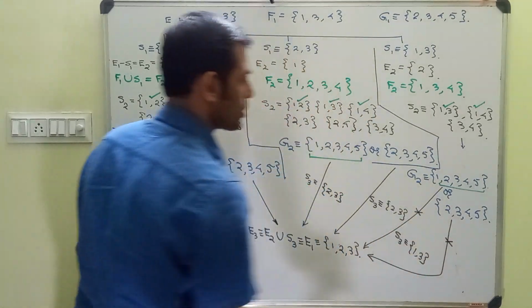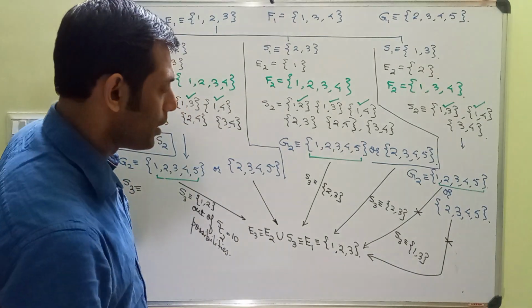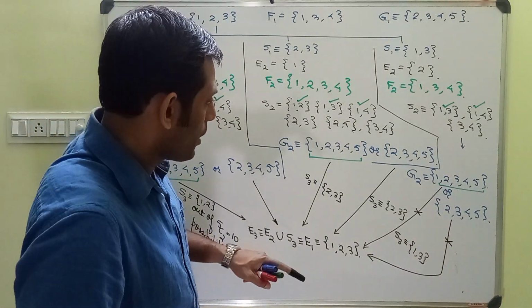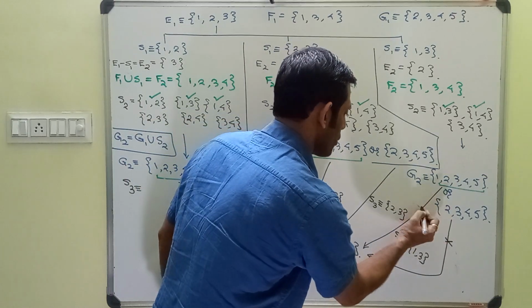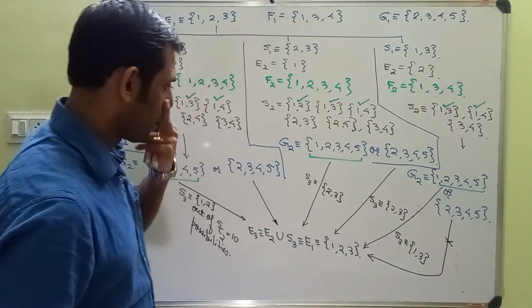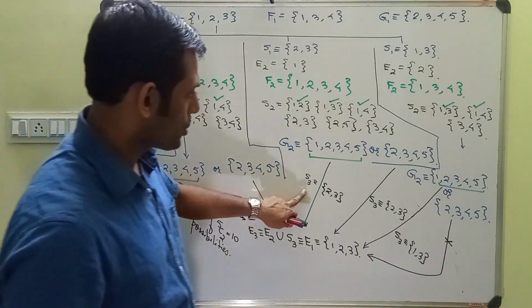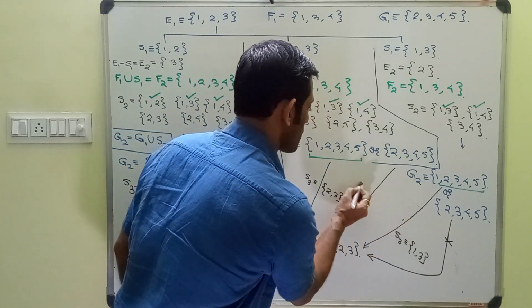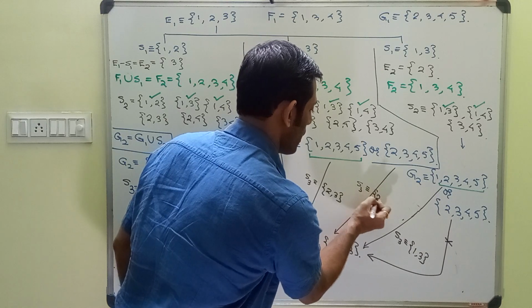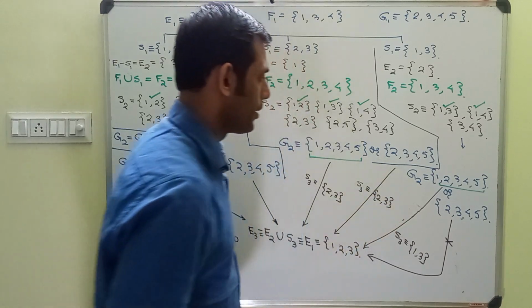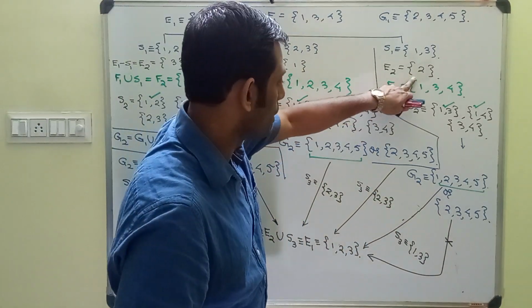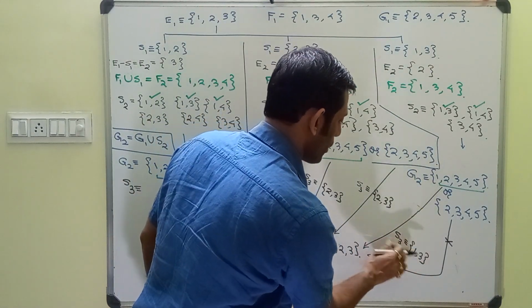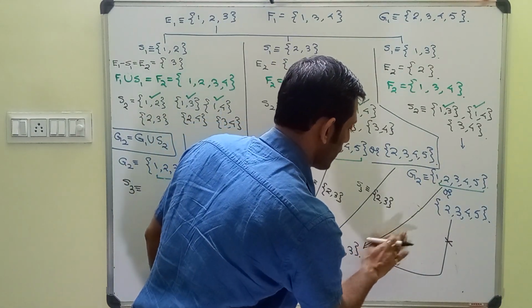Oh, so sorry, this is not crossed. This S3, 2, 3, belongs to this, and E2 is here, so S3 would be 1, 3, this S3 belongs to this one.